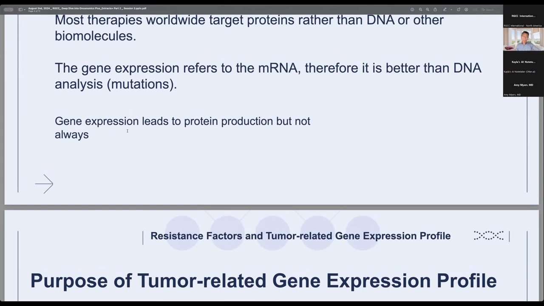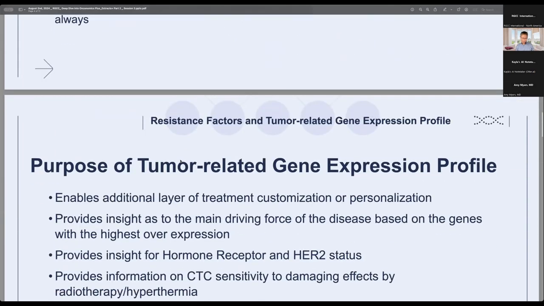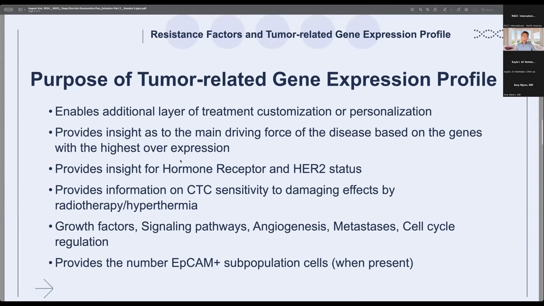The chemosensitivity testing results outweigh or take precedence over the gene expression profile. So now you're looking at expression, and as I mentioned to you, there's so much information in the gene expression because it can also tell you what additional layer of treatment customization or personalization you can do.